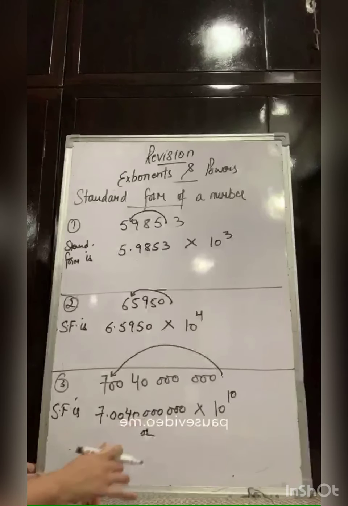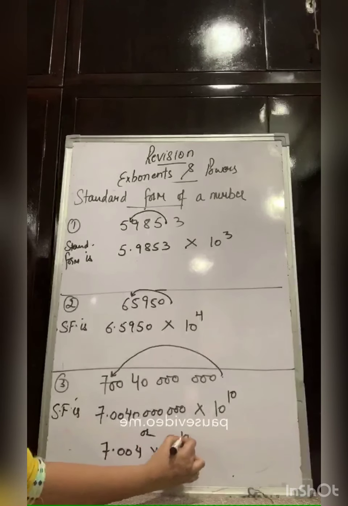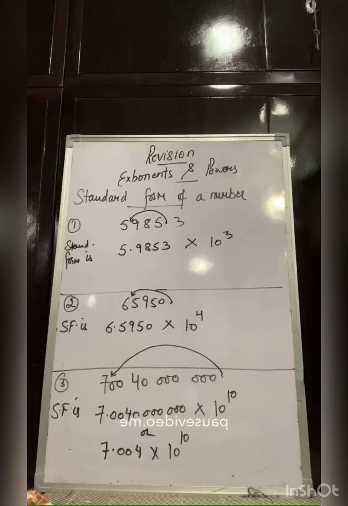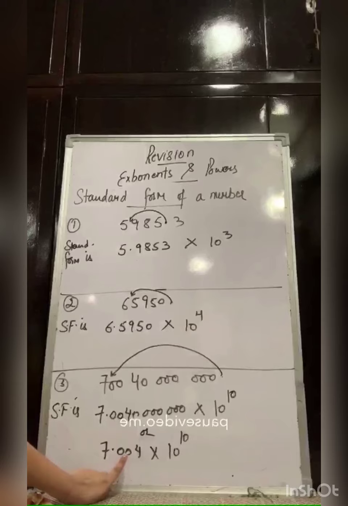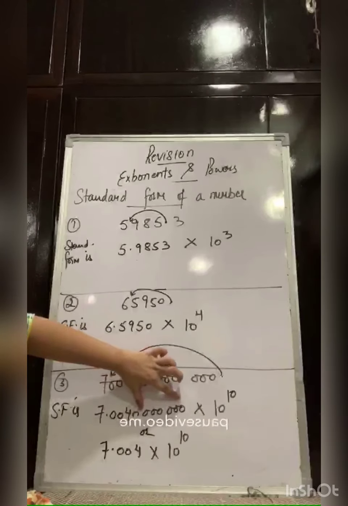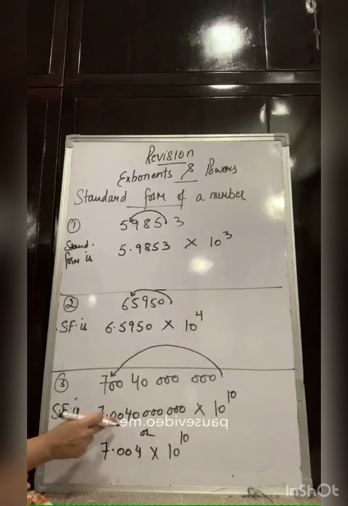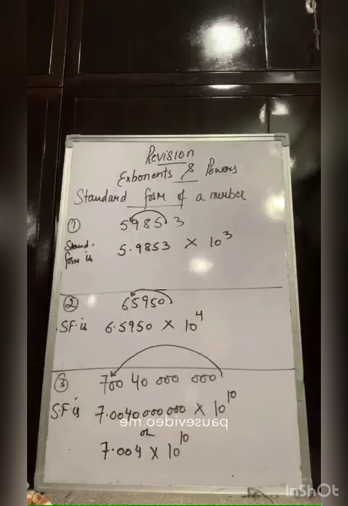Like you can write your answer in this form: 7.004 into 10 to the power 10. These two zeros we have to write because these are between two non-zero numbers, and these other zeros we can skip writing, because after the decimal, if the zeros are at the last, they do not have any value. So you can write your answer either in this form or in this form.